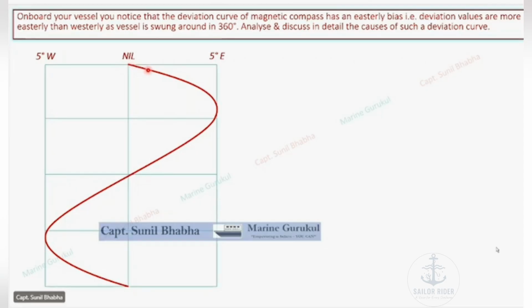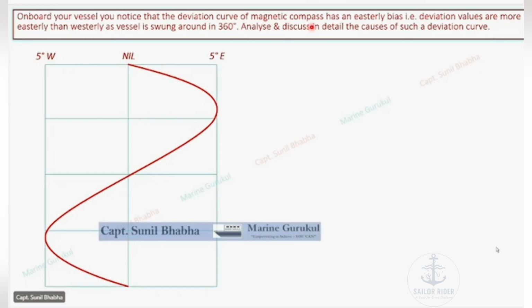Then as the heading changes, the deviation increases, goes to a maximum value. In this example, we have taken 5 degrees east. After that, it starts to reduce and then crosses over to the western side. The maximum westerly deviation occurs here, 5 degrees west, and then it again becomes 0. So over the course of the entire 360 degrees, this curve shows how the deviation of the ship changes.